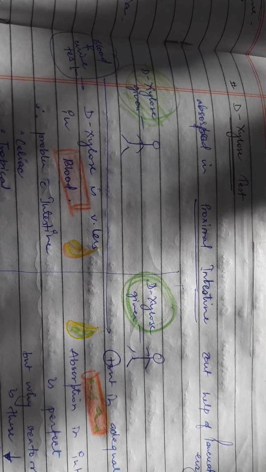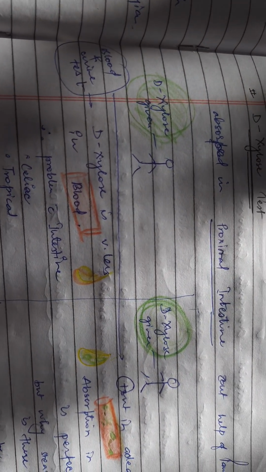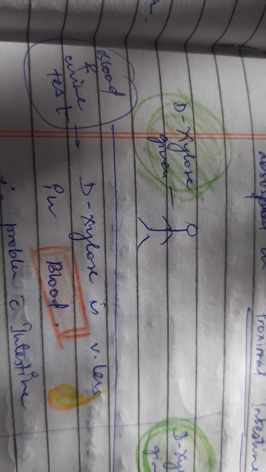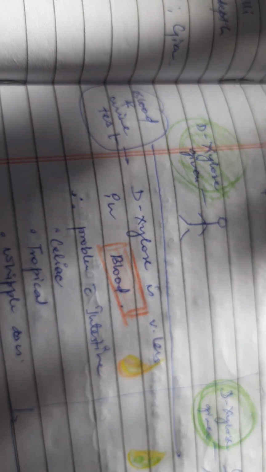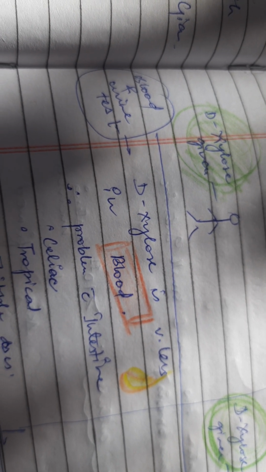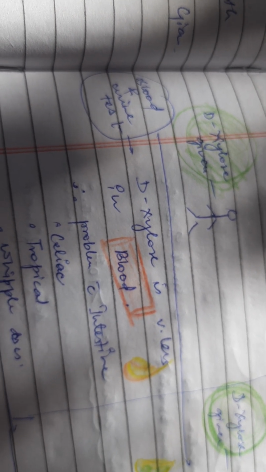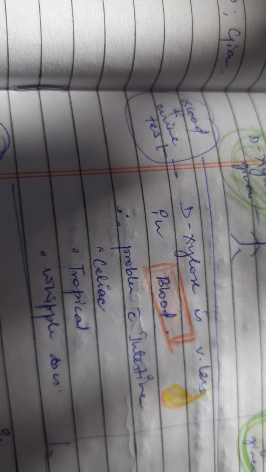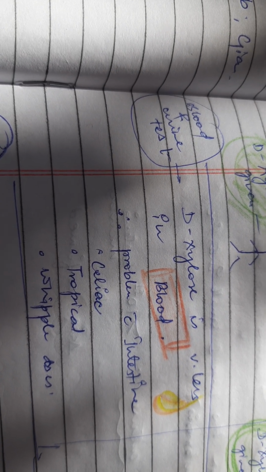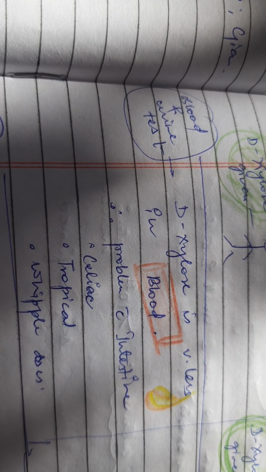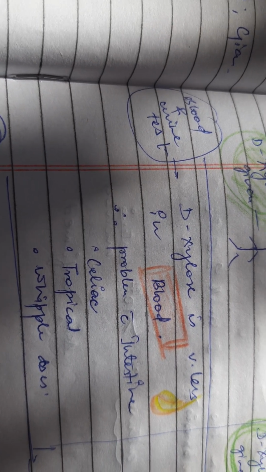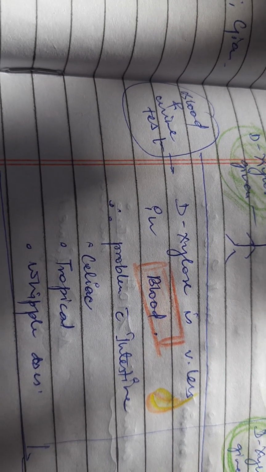Okay, so to understand this, there are two people to whom D-xylose is given. In the first person, in blood and urine, D-xylose is very, very less in amount. So we can conclude that we have given D-xylose, but in blood and urine it is not coming out.